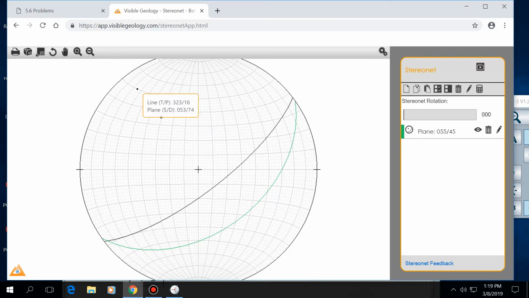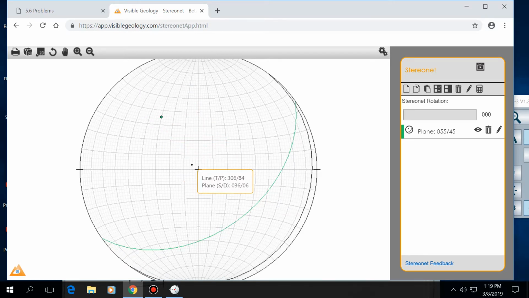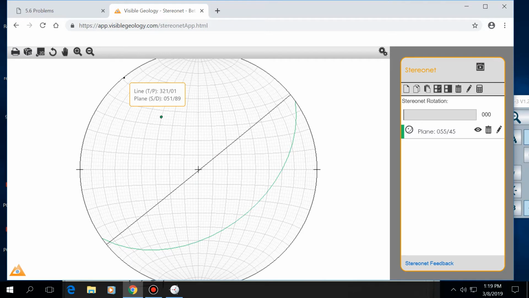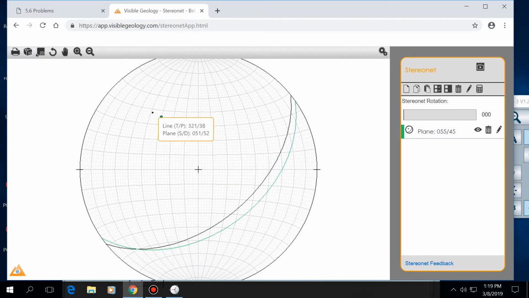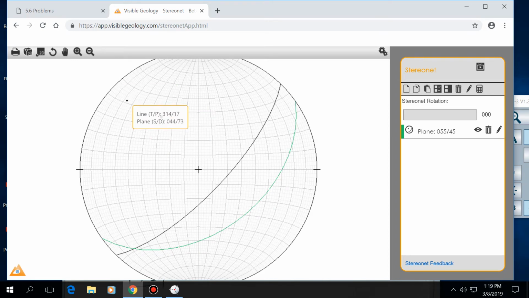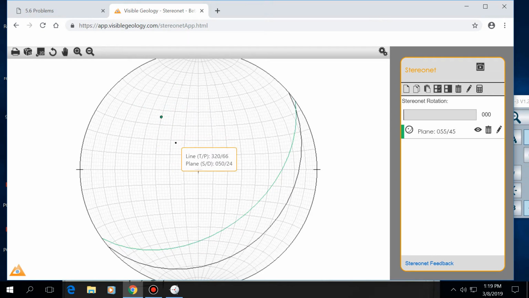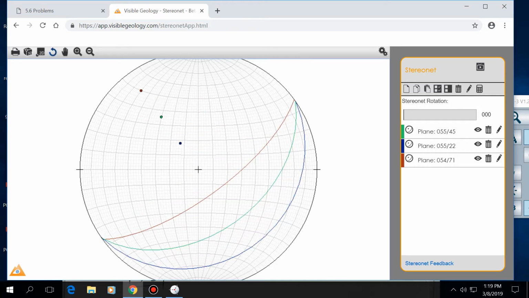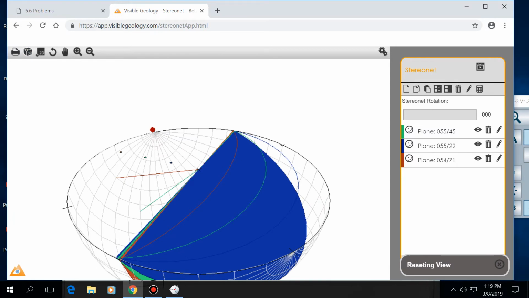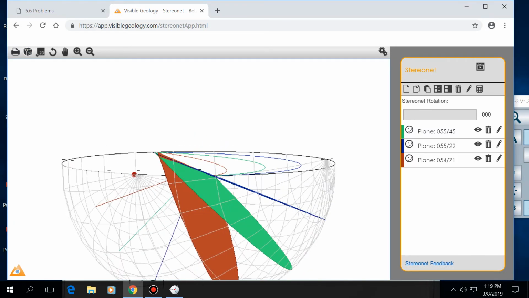So for the same strike, the dip is going to vary from here to there, straight line. Let me do 3 cases with the same strike. So I'm going to do another one here and another one there, and we'll look at this in 3D, and those are those 3 planes.